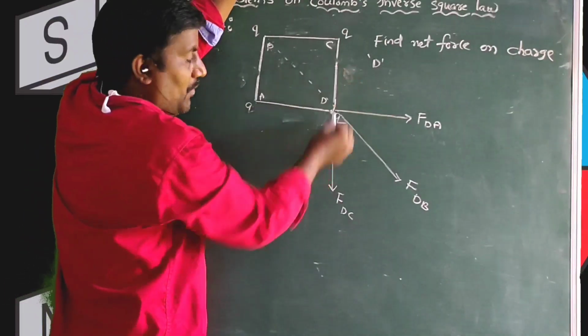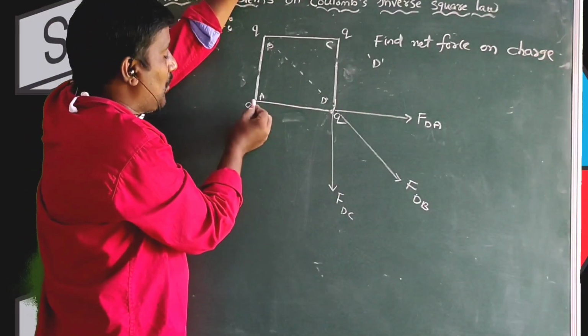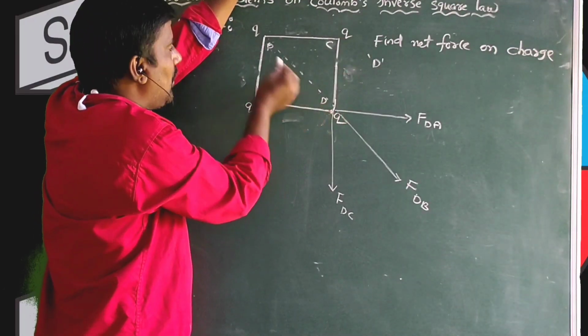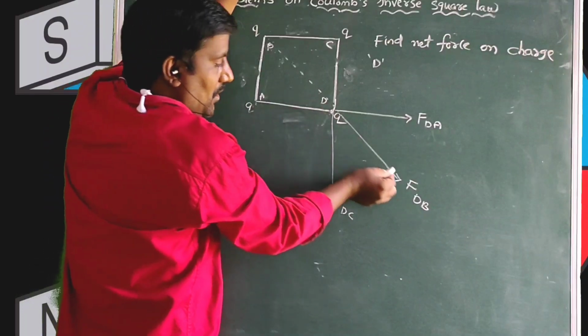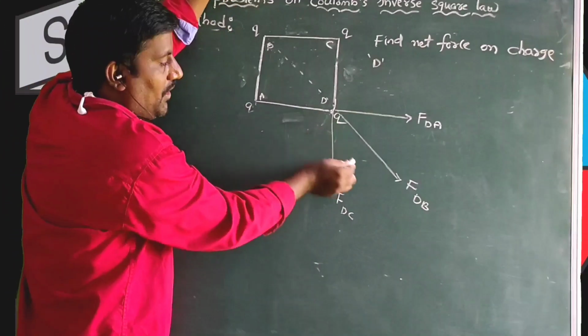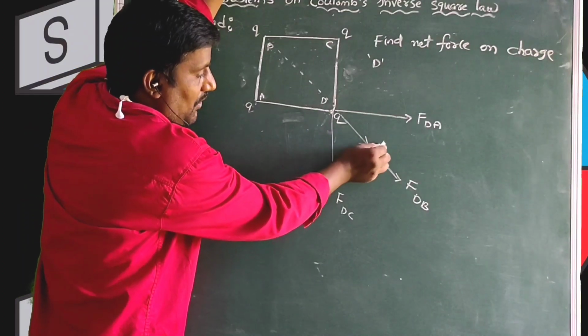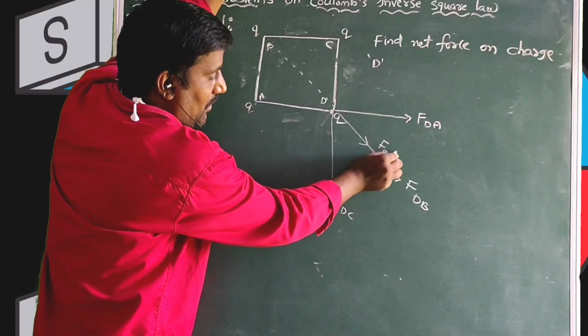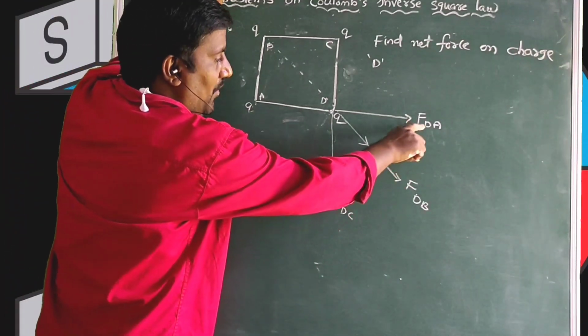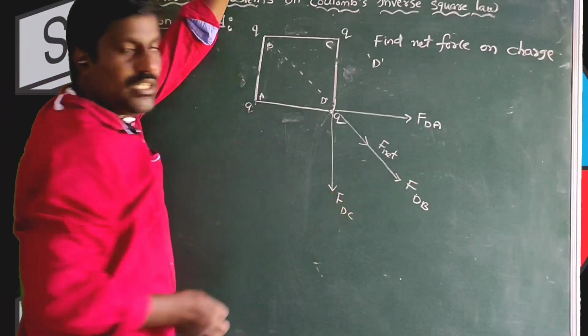All are acting along this direction because this is plus Q. This charge repels this charge, this charge also repels this one, and this charge also repels this charge. The net force on charge D is also along this direction, that is F net. So F net is the resultant of FDA, FDB and FDC.